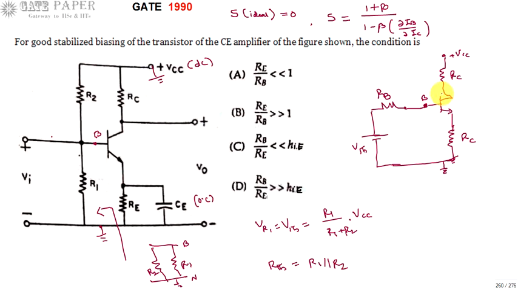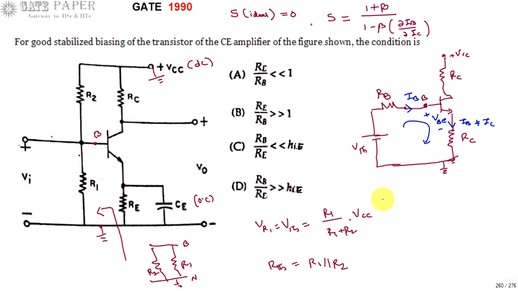Now write KVL across this base emitter loop. The current flowing through RE is IB plus IC, the current flowing through RB is IB, and there is a voltage VBE present.